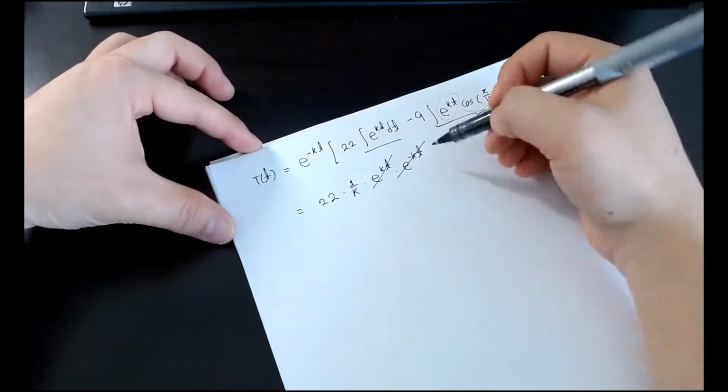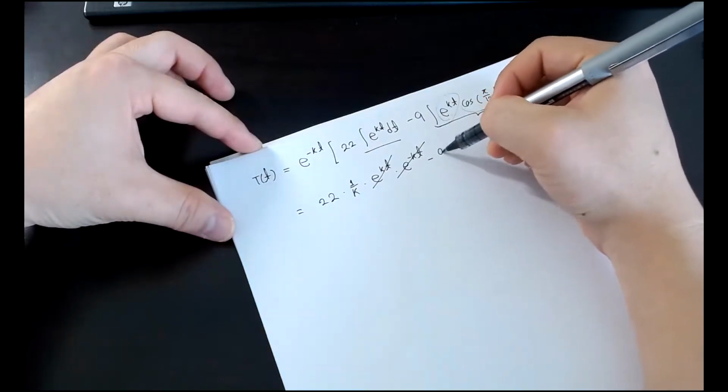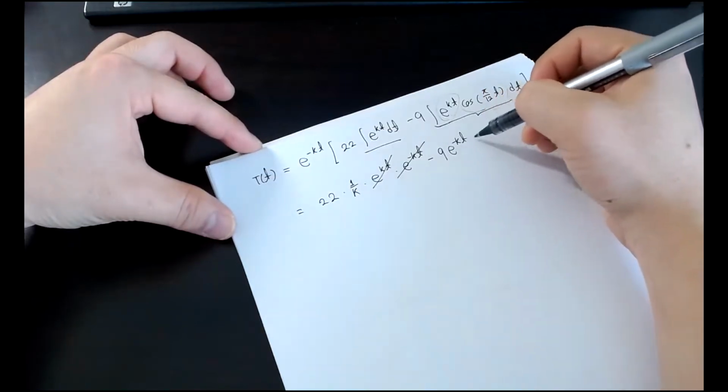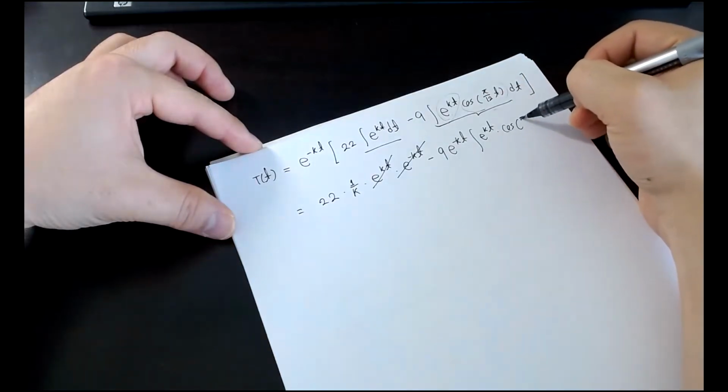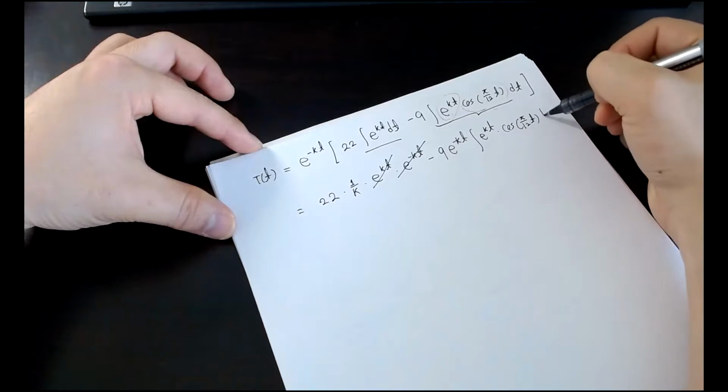And then minus 9 times the integral of e to the negative kt and e to the kt times cosine pi over 12 t dt, right?